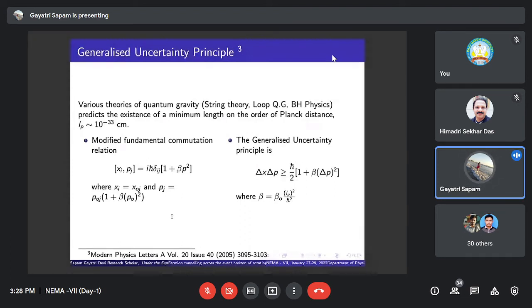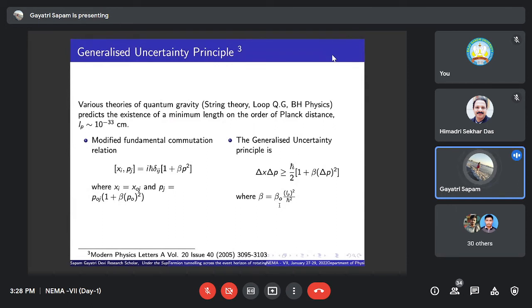In doing so, the general uncertainty principle gets modified into the equation that I've written here, where beta is equal to beta naught L_P squared over h cross squared, where beta naught is a dimensionless parameter.